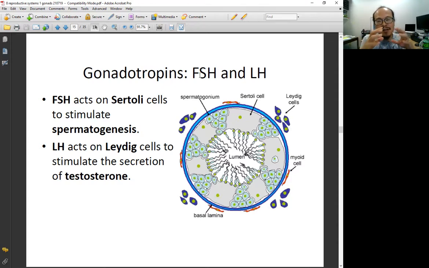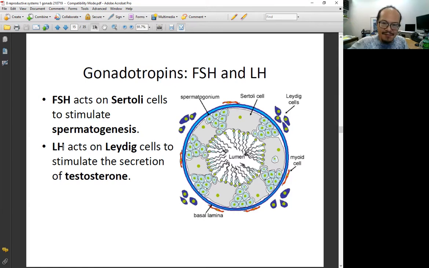So in the male, FSH facilitates the sperm development. In the female, it will be the follicle to carry the oocyte development. In the male, it will be the Sertoli to help the sperm development. So FSH acts on the Sertoli, to remind the Sertoli that it has to do the job to help the sperm development. It's called spermatogenesis.